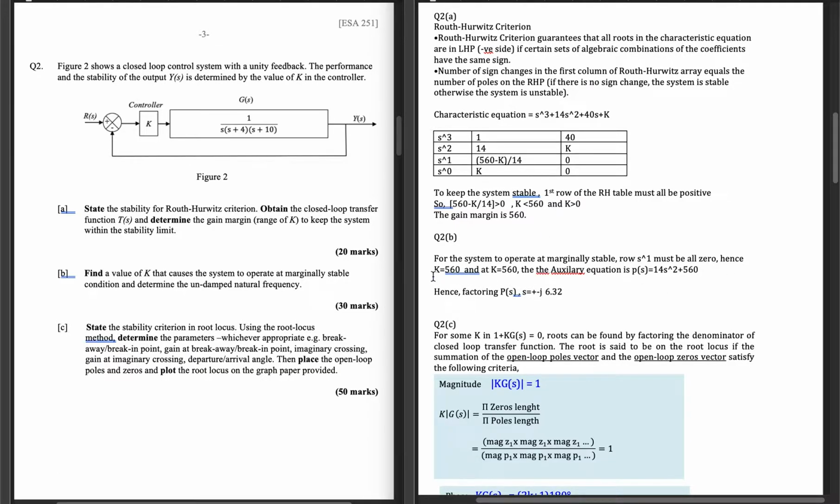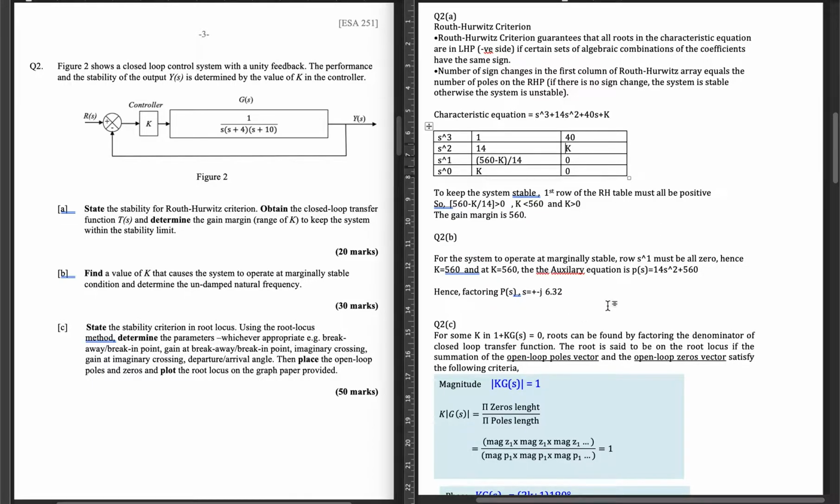So hence, we know that at K equals 560, we have the auxiliary equation, which is 14s squared plus 560, right? Because we have to replace K with its value at that particular condition, which is 560.